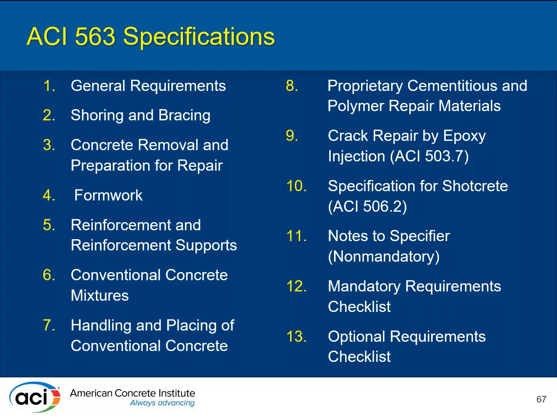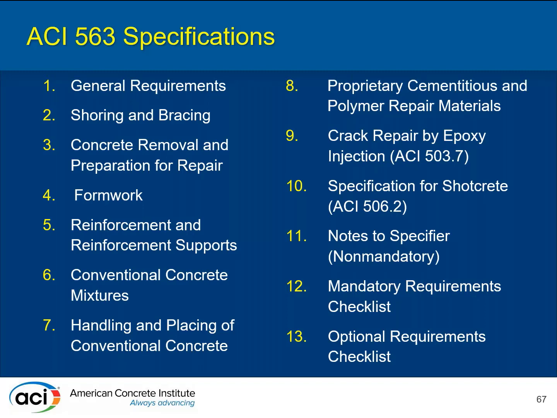A guide or specifications, very similar to 301. Some of it is very similar. If you look at the table of contents, it talks about conventional concrete mixtures, handling and placing, but it also talks about things very specific to repair: concrete removal, chapter 3, or proprietary materials, your bag materials, chapter 8.